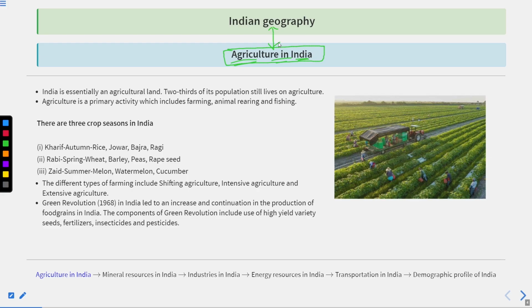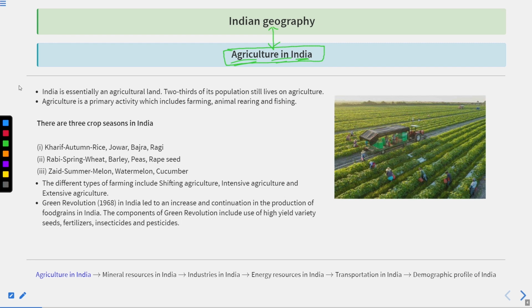Even the soils that we have, especially in the Deccan region the black soil, and in the northern plains, the Ganga-Brahmaputra plains, the alluvial soil, allow us to produce various crops that are not only used to fulfill the domestic demand, but some of the crops are also exported from India to other countries. So agriculture has deep roots in Indian economy, Indian geography, and Indian history also.